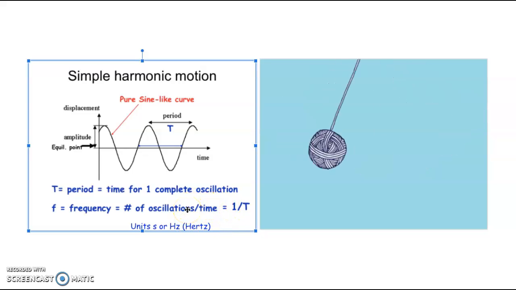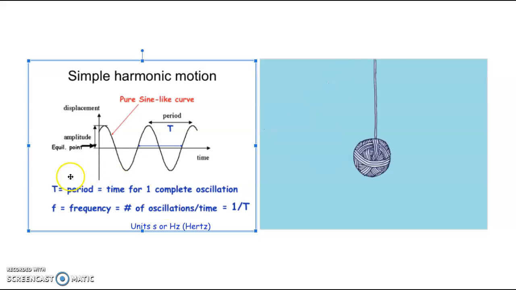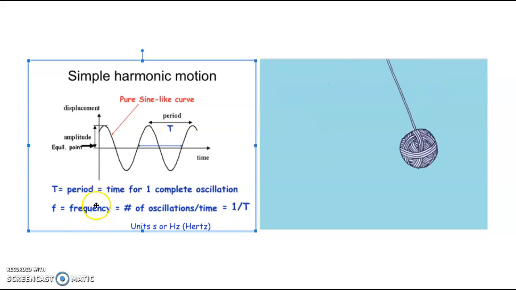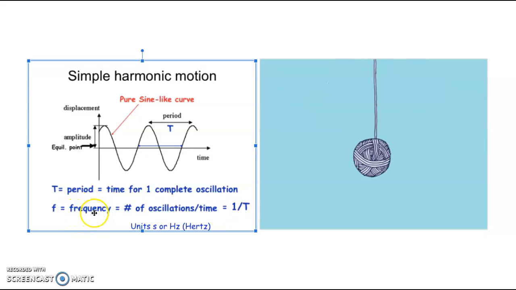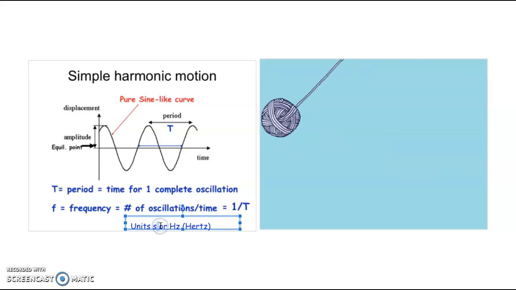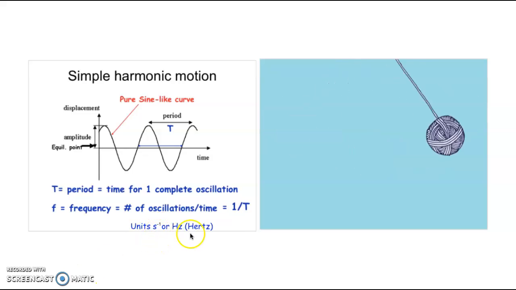And the easiest way to calculate that would be to just take the period and do 1 over the period, and that would give you the frequency, the number of cycles or oscillations per second. Now this has units of s^-1, or hertz.